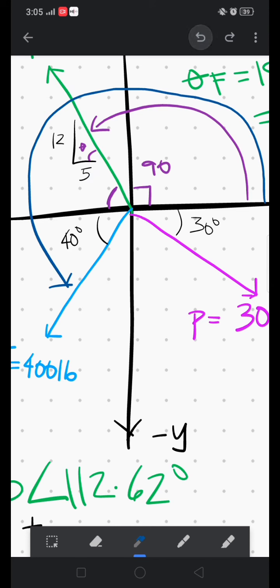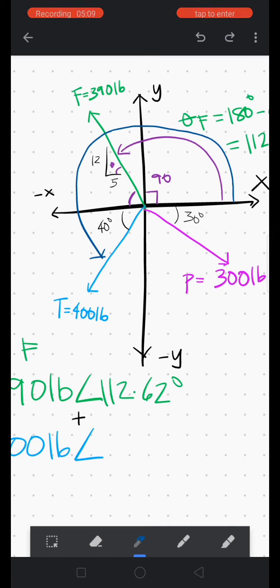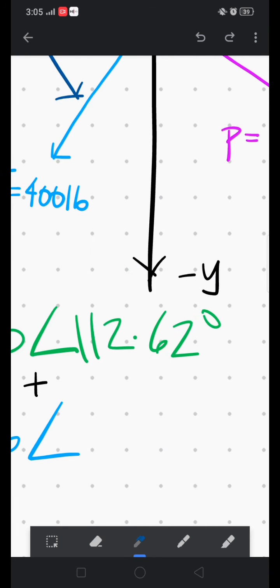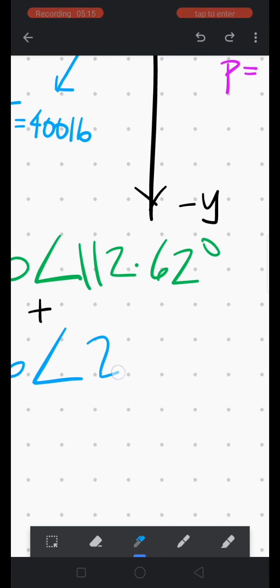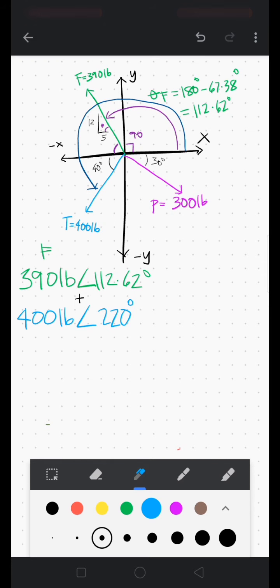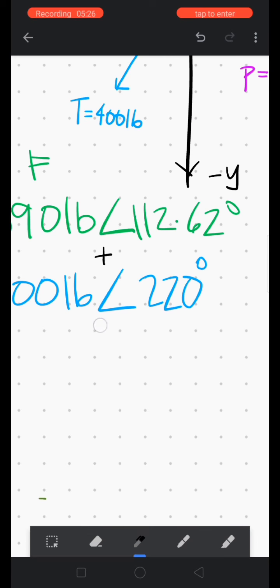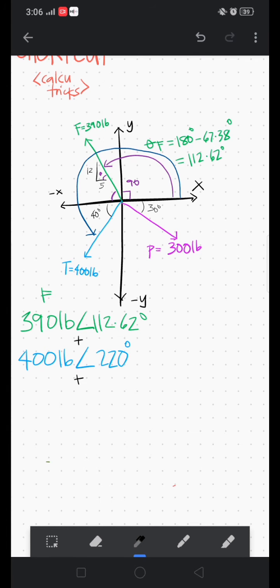and if we add 180 and 40 degrees, what are we going to get? It's 220 degrees. Therefore, the angle we are going to use here is 220 degrees, which is 180 plus 40. Then we add to this our force again, which is 300 pounds.